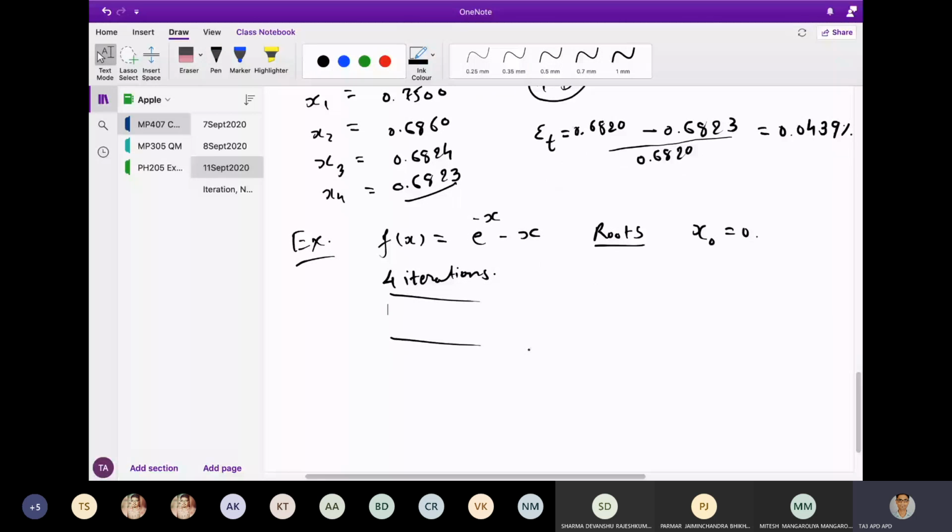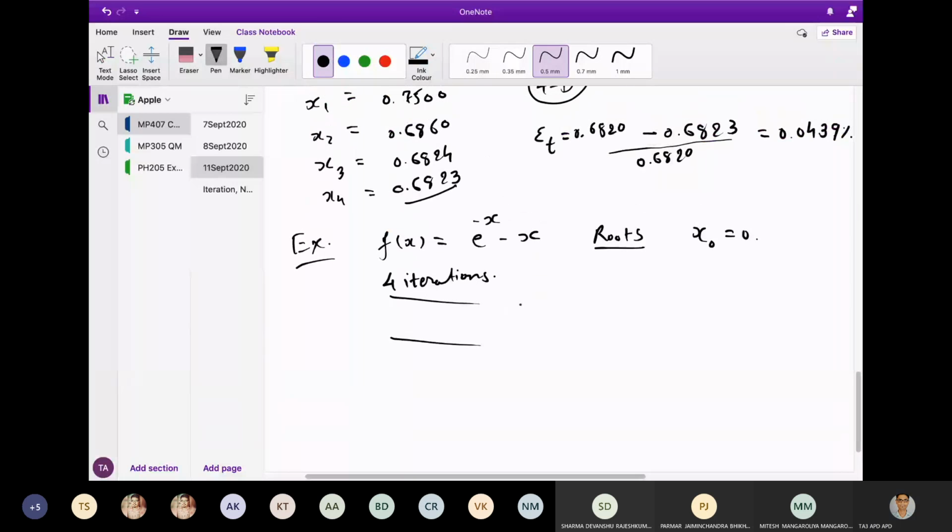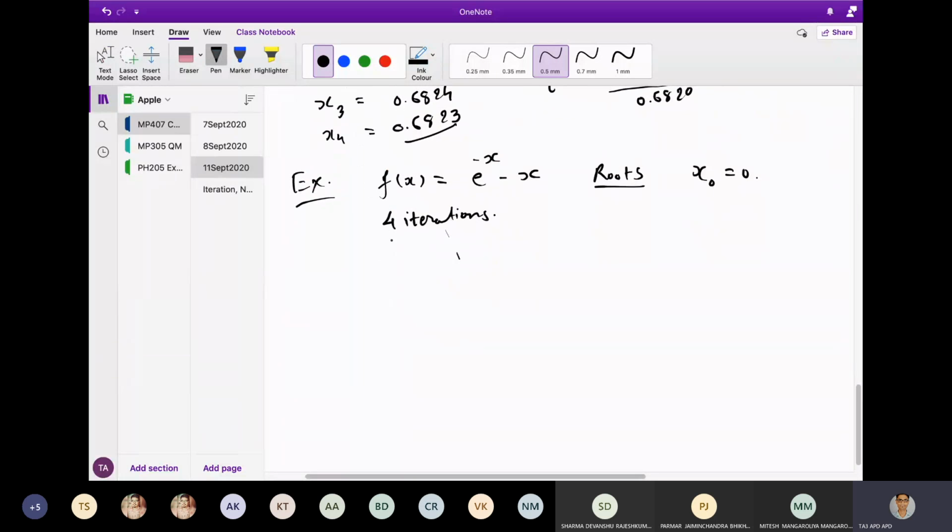So by performing 4 iterations, we shall find the exact answers as well. So your f prime x should be equal to minus e to the power minus x minus 1.